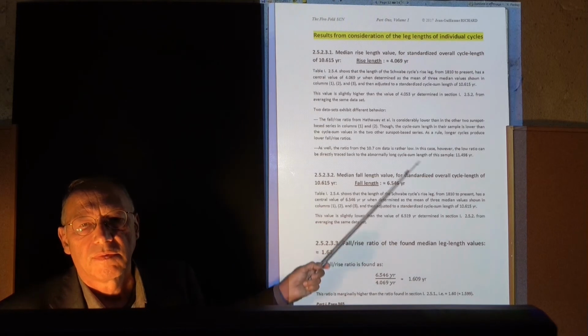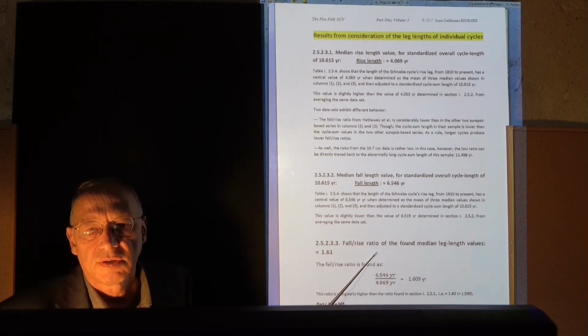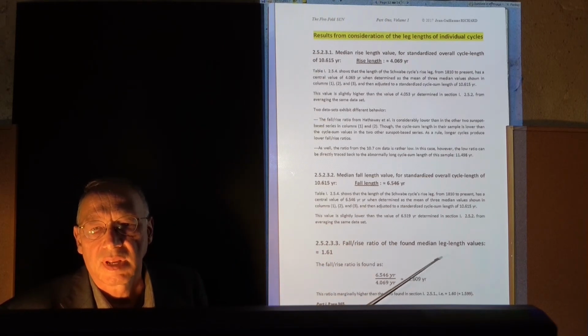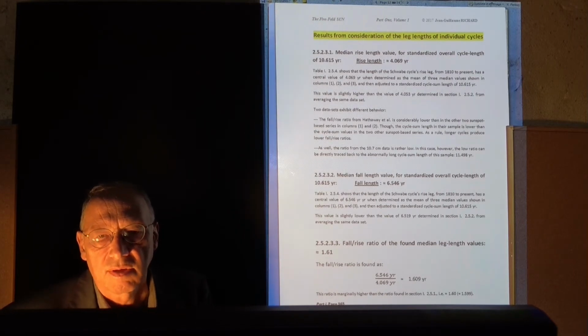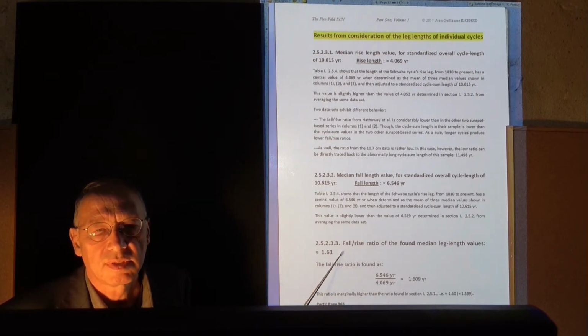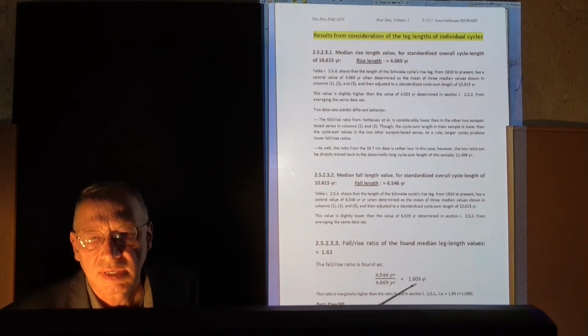So the fall over rise ratio of the found median leg length values amounts to 1.61, rounded from 1.609.